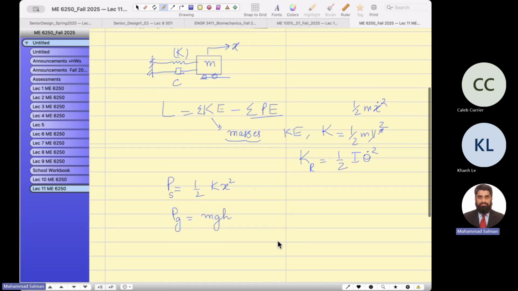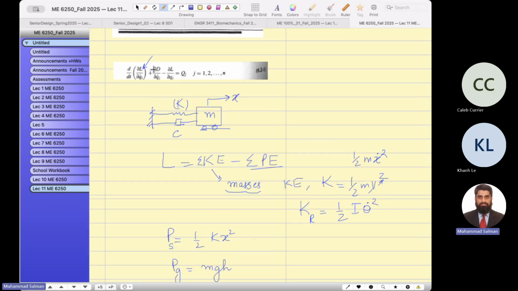Agree? Now you will ask me, Professor, what is this D? D is the power dissipation function, the power lost.